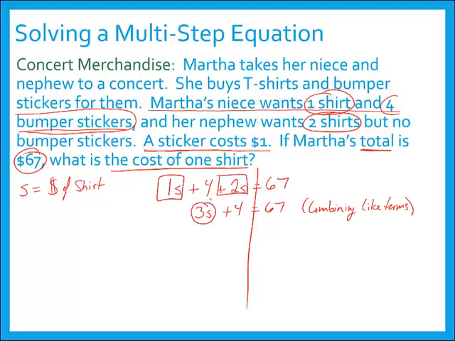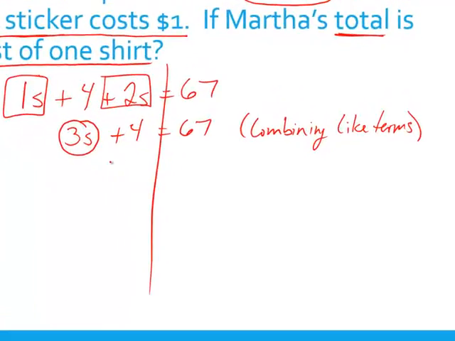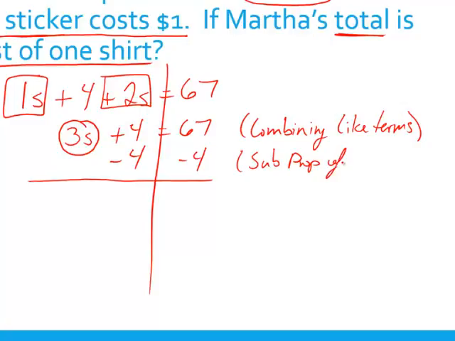We have a plus 4, but we don't want a plus 4 there. We want to get rid of it. So the inverse operation of adding is subtracting. So subtract the 4 from both sides. And that's going to be the subtraction property of equality. So 4 minus 4 becomes 0, and we're just going to have a 3s left on this side. 67 minus 4 is 63.